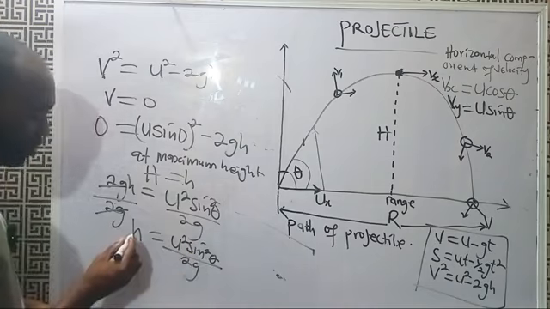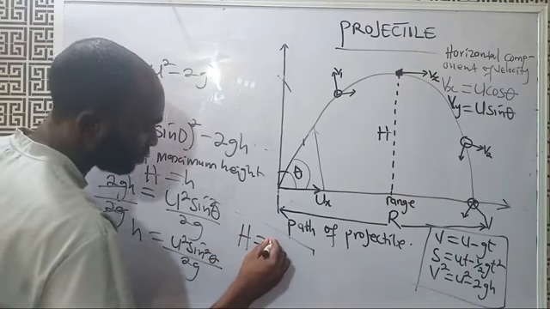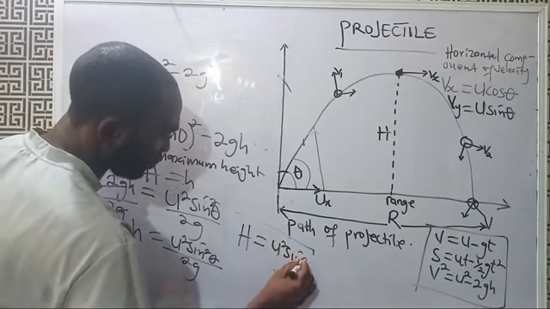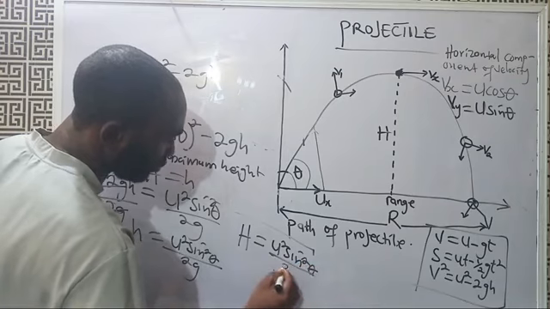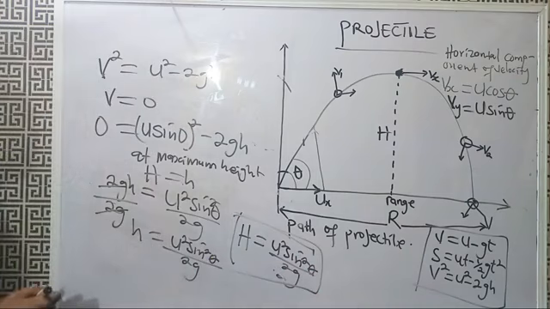But small h is equal to capital H, so capital H will be equal to u squared sine squared theta all over 2g. So this is the formula for calculating the maximum height.